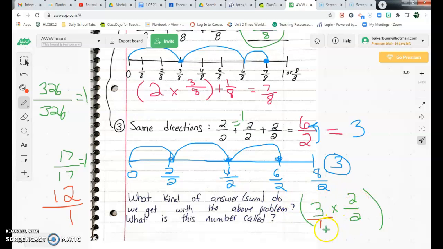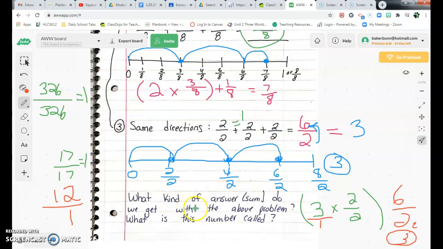Now you can multiply numerators and denominators. So 3 times 2 would have gotten me 6. 1 times 2 would have gotten me 2. 2 can go into 6 3 times, which is the same answer that I got above. Okay, so that was my addition, number line, and multiplication sentence setup.